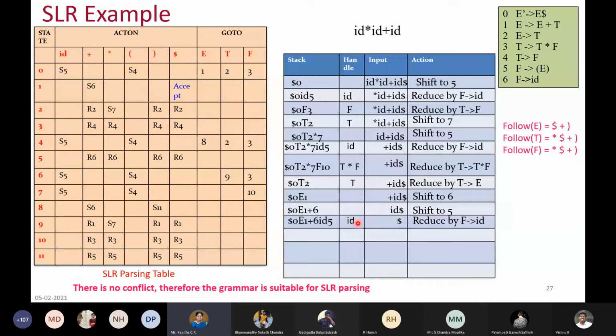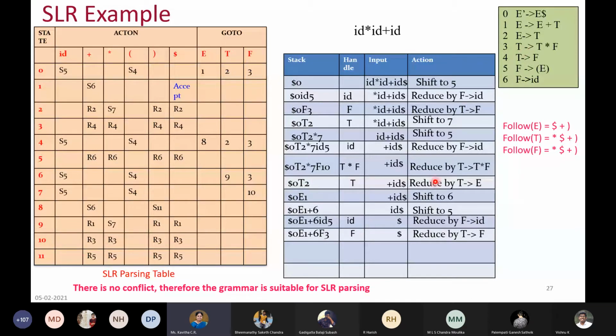So we are going to replace that, and we are going to get this: pop off all these, and you are going to push F. And at 6 on F is state number 3. So we are going to push 3 onto the stack. So now again, you can find whether something matches with the RHS, or you can very well use a table. At 3 on dollar is R4.